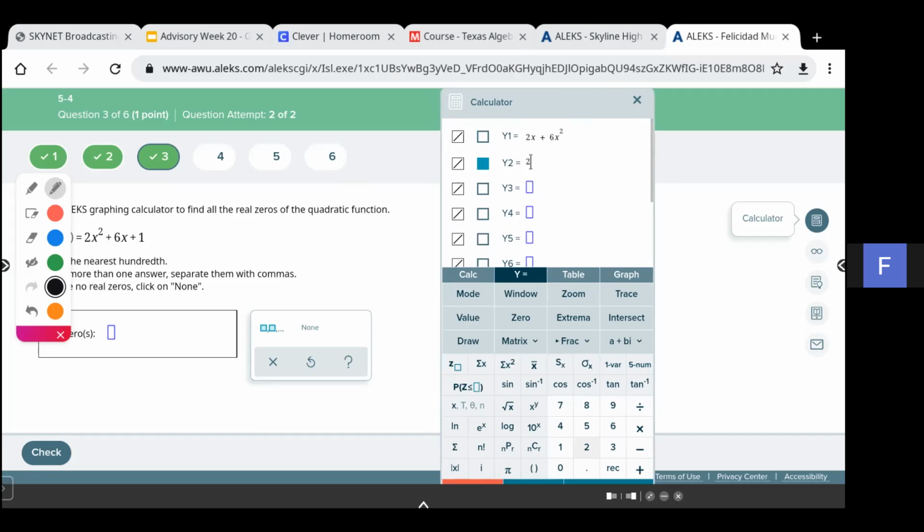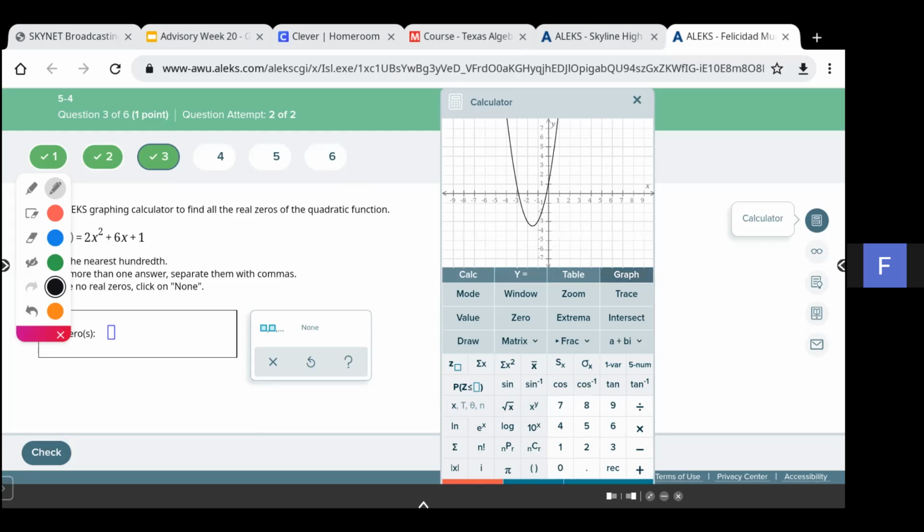So 2x squared. Obviously, I'm having some issues here. And you do want to make sure that you get out of that exponent. I'm going to try and do that. So there we go. Plus 6x plus 1. I am limited in what I actually can see and do on here just because of however it's set up. So I'm going to hit graph.